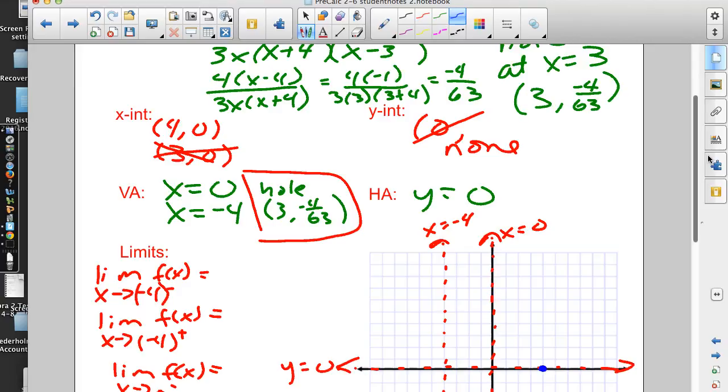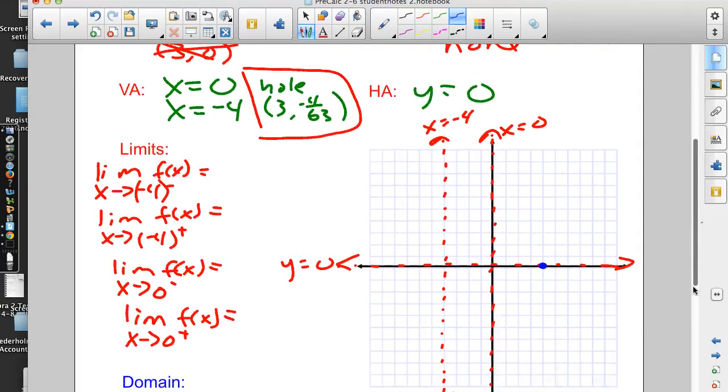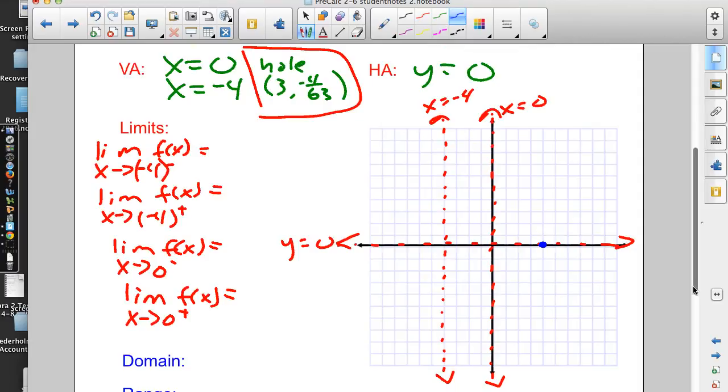Parentheses for the numerator and the denominator. So let's get a few well-placed points.